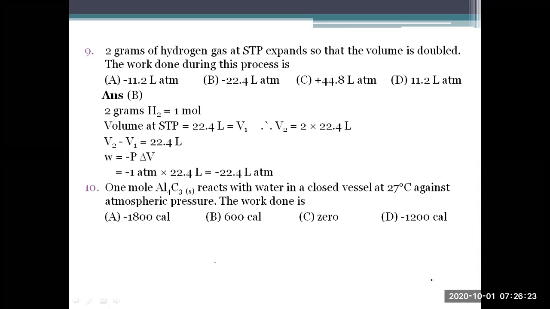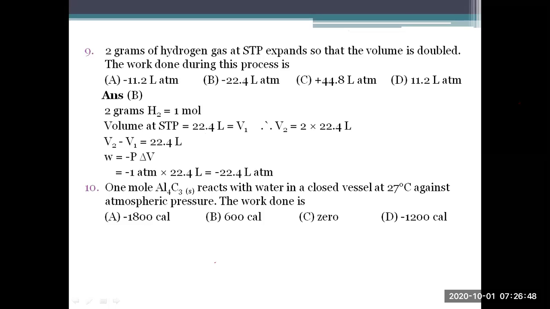1 mole of aluminum carbide reacts with water in a closed vessel at 27 degrees centigrade against atmospheric pressure. The work done is... rather than thinking about problem, this is kind of concept based.